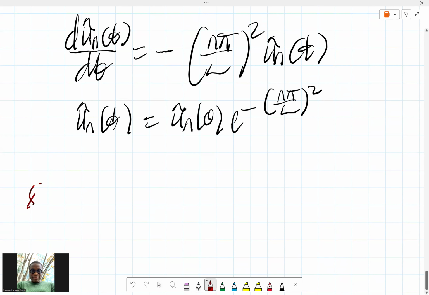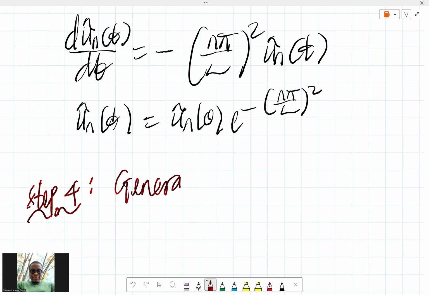So step 4, we have the general solution.